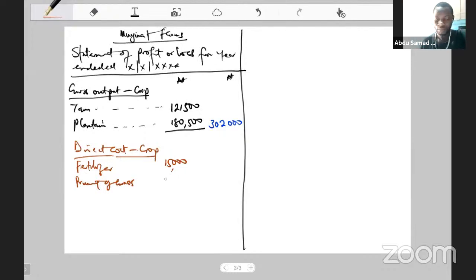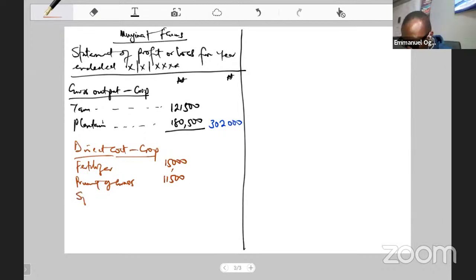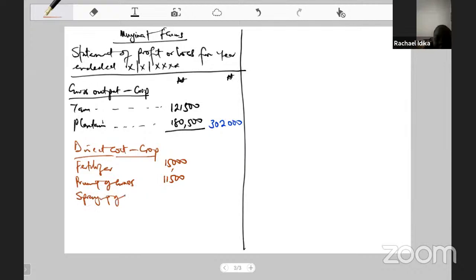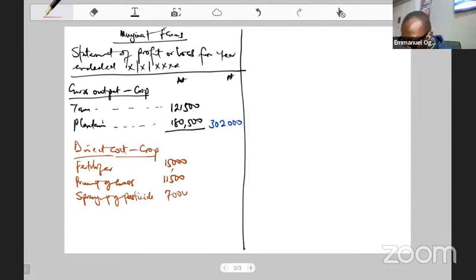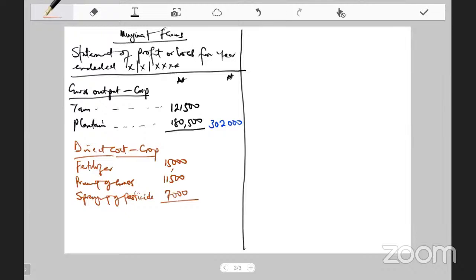How much? 11,500. What's the next item? Spraying of pesticide. How much? 7,000. And that's the end. What's the total of that? 33,500. Please, can one person talk? 33,500.